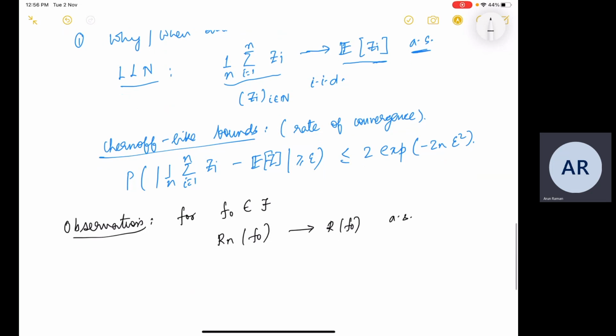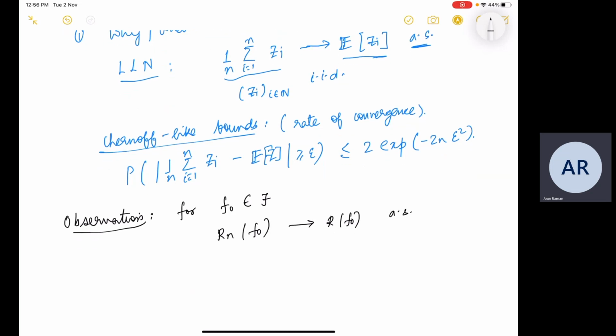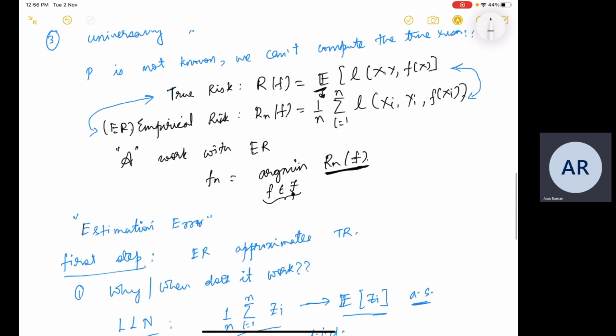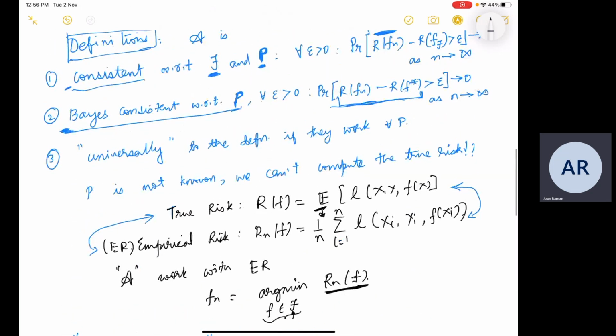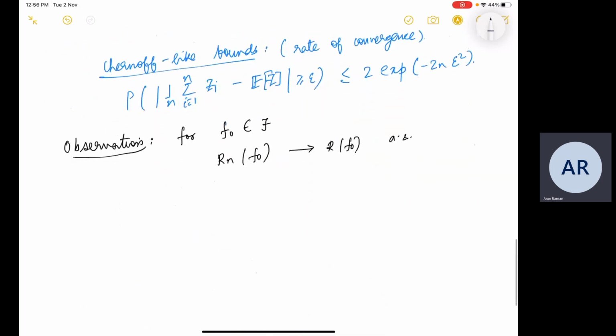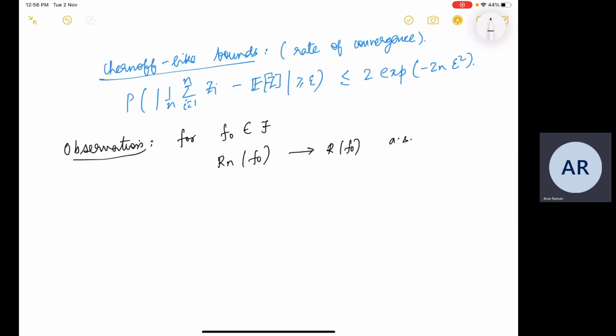We can prove it using the Chernoff bounds as well, because the empirical risk is just a sum of the loss function, and the true risk is the expected value. So the Chernoff-like bounds are exactly the same. So we will have something like Rn of f minus R of f and so on. So it can be proved, and we'll not spend time on this.